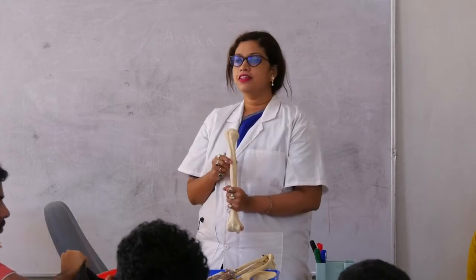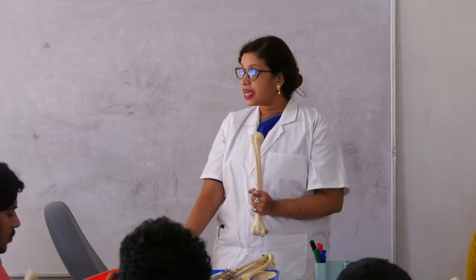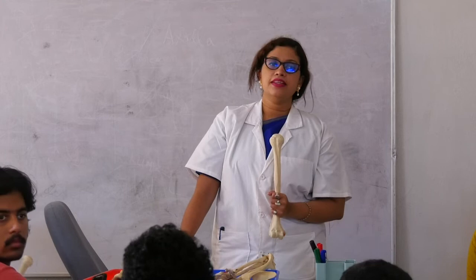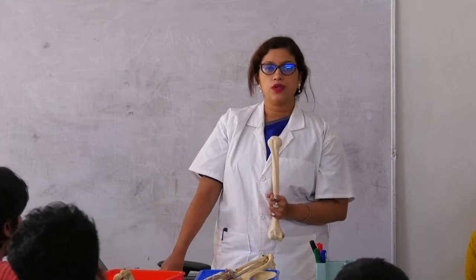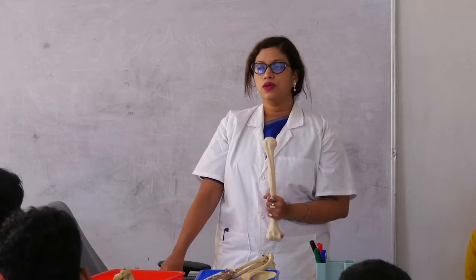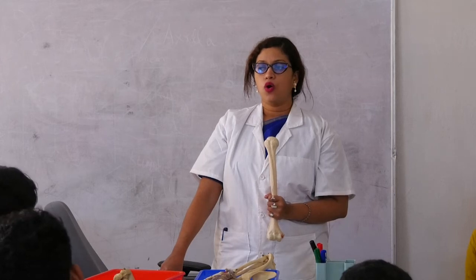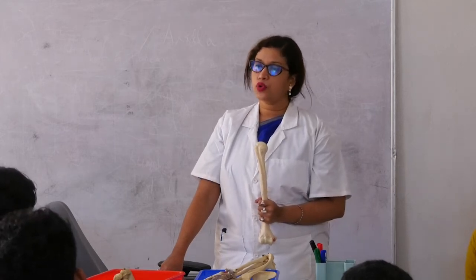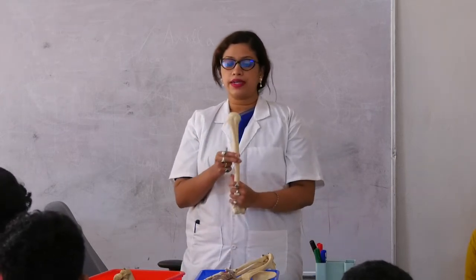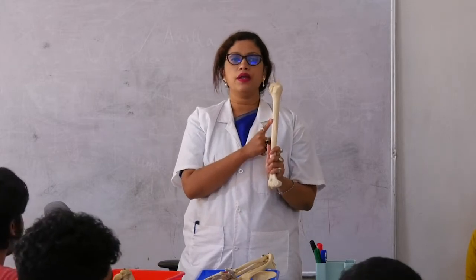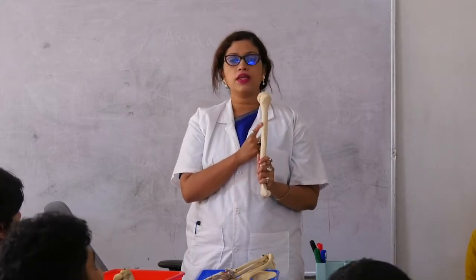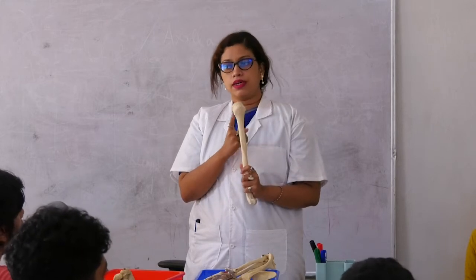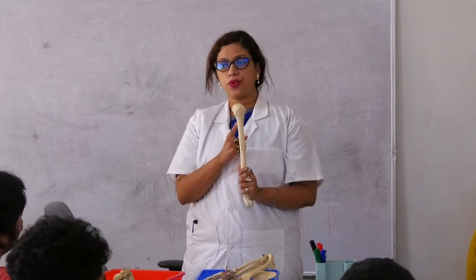That is the medial and lateral circumflex femoral arteries, which are branches of the femoral and obturator arteries. So here remember two structures: one is the axillary nerve, another one is the posterior circumflex humeral artery.